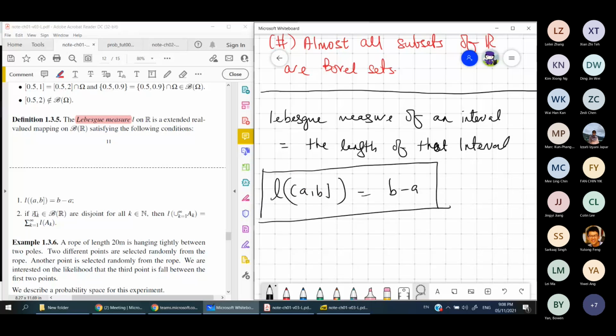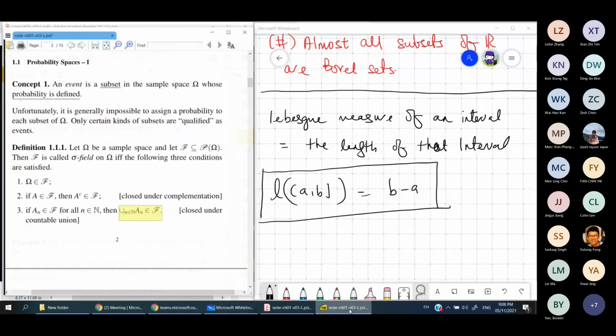If the A_k are disjoint Borel sets, we can simply say the Lebesgue measure of the union will be the sum of these. From here you can see this is actually similar to that in here.